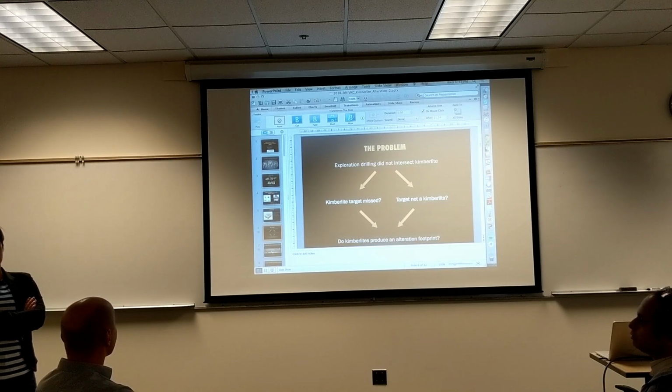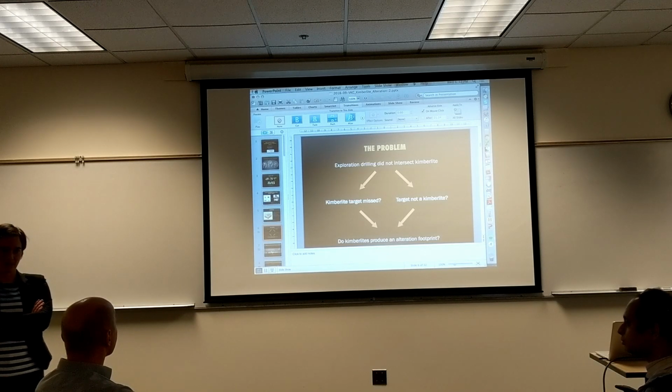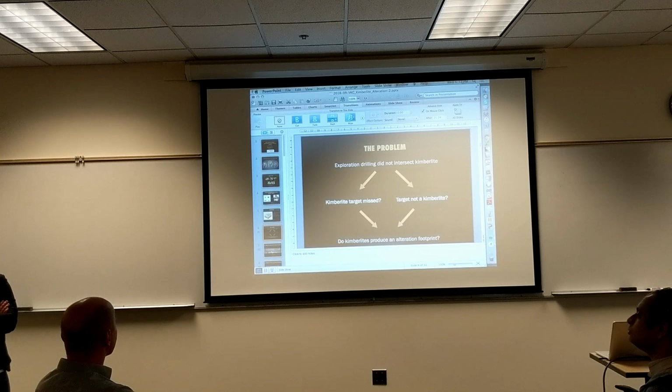I don't know the answer to that question because I haven't looked at the hydration, this cryptic alteration around hydrothermal deposits. However, I suspect that they must be similar. I mean, it's just water going through rock, so I don't see why kimberlites would be any different.